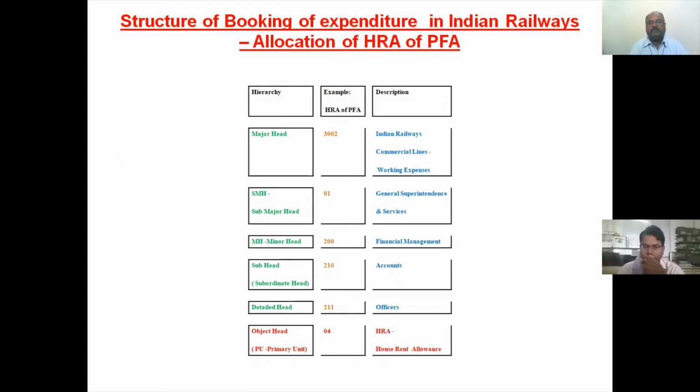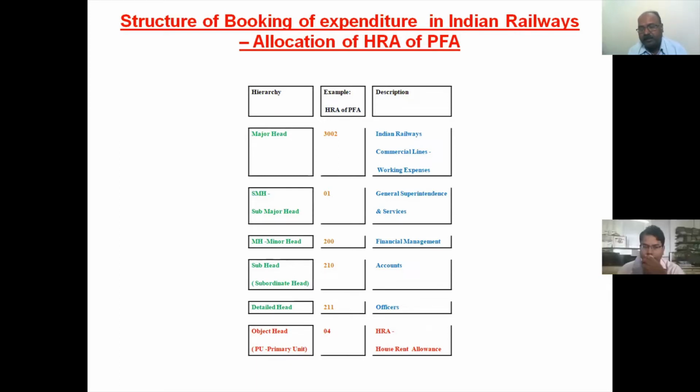Please remember the allocation hierarchy: total 6 levels, major head, sub major head, minor head, subhead, detailed head, and object head. But the allocation as per the Finance Code still starts with the old demand number.